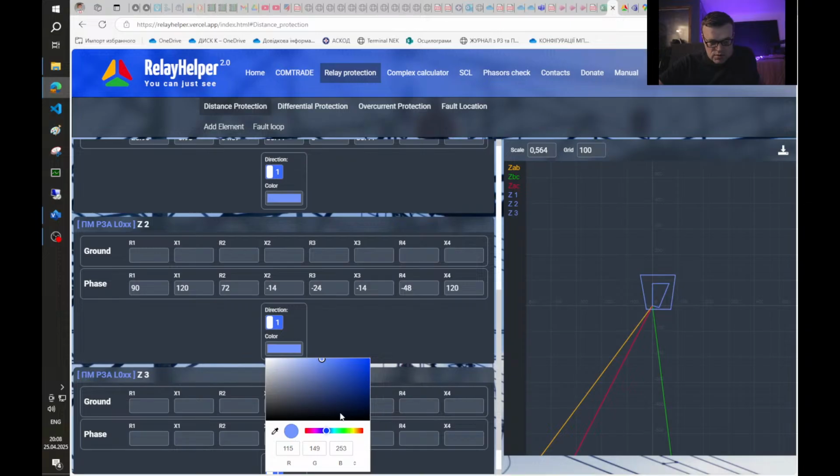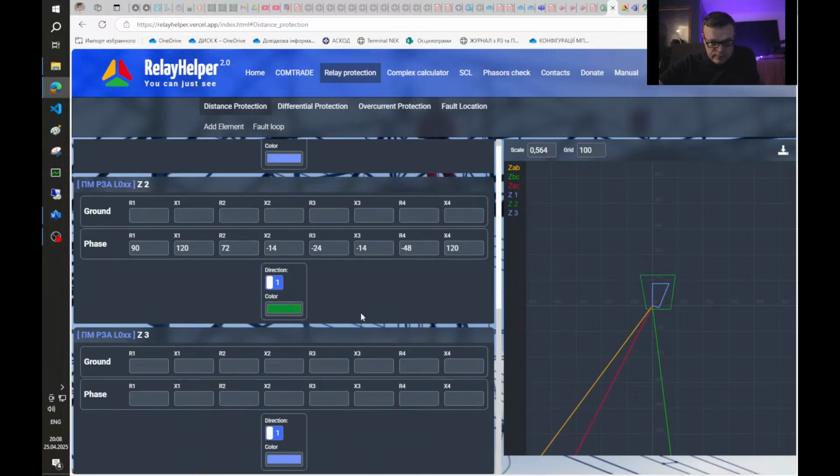I will change color, and the third zone, it's enormous because it reserves short circuit on the low side of the auto transformers on the opposite ends. Sorry.